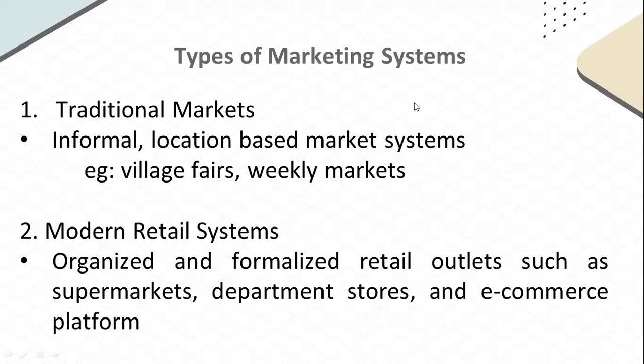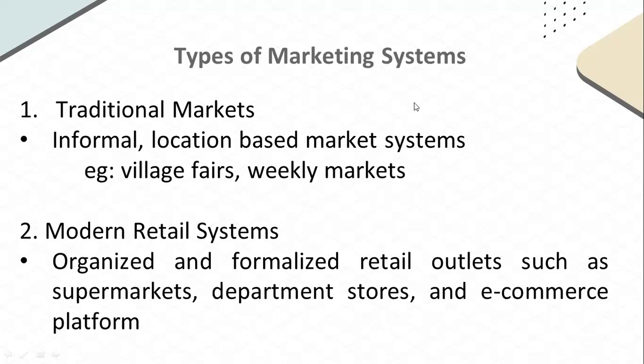The supermarkets, the department stores, like the Odel department stores. Again, a brand's own stores, like the Damro department store, so there's a store for that particular brand. And e-commerce platforms, that means the internet-based businesses.